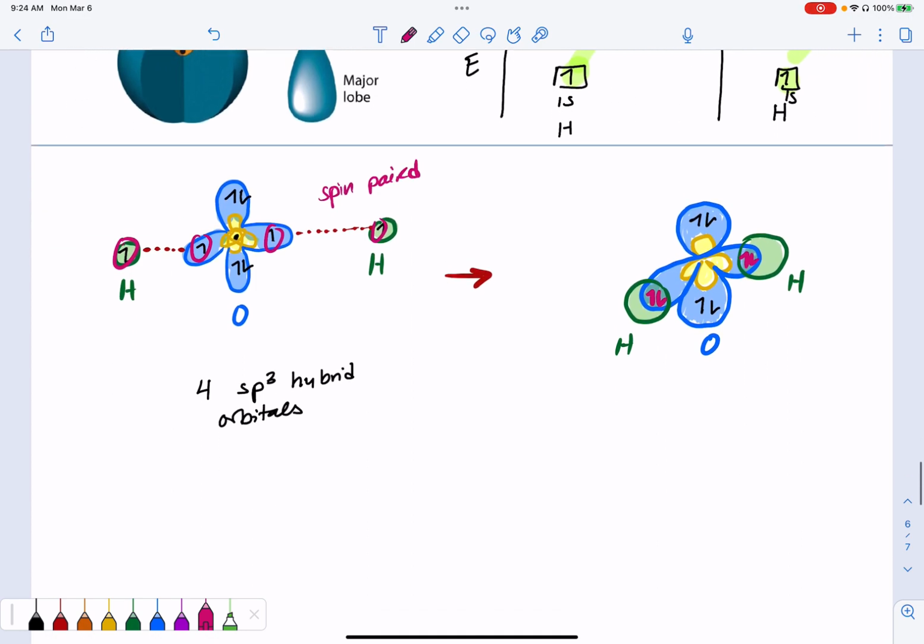And if I compare this to Lewis, which says that I have oxygen singly bound to hydrogens with 2 lone pairs, we notice that this agrees.